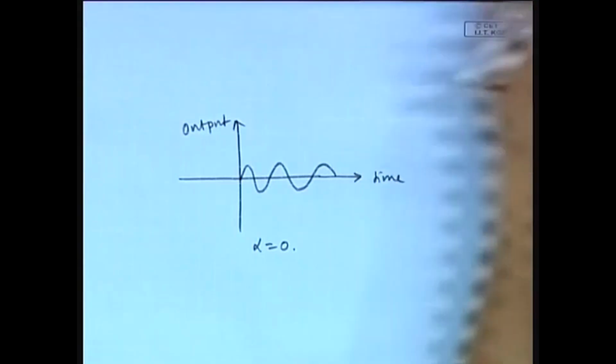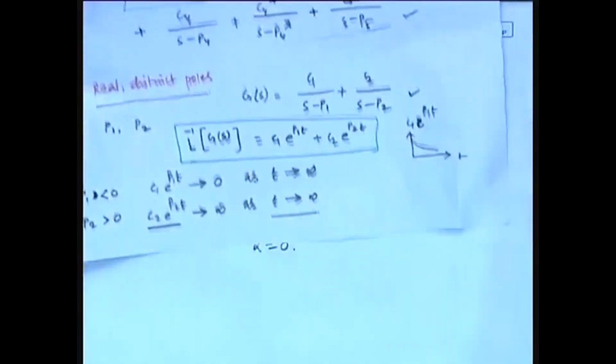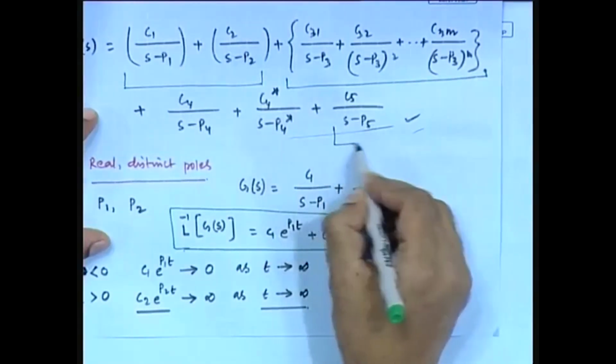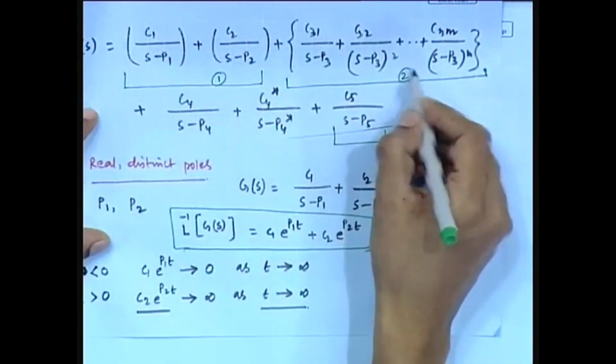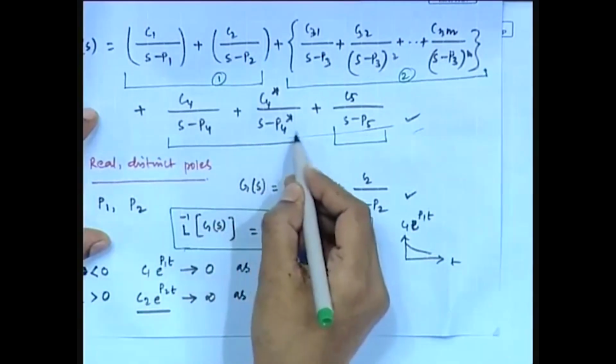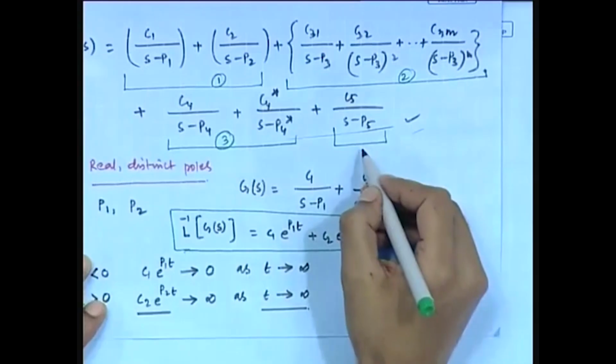Now, another case, I mean the last case, in which we will consider this transfer function. This is the first case, second case, this is the third case, complex conjugate poles, and this is the fourth case.